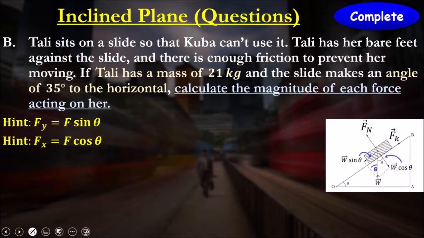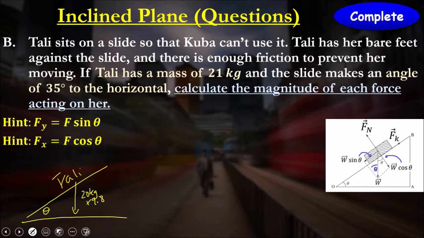Okay, so let's draw that out again. We have Tali here going down 21 kgs times 9.8, and then we have an angle. So firstly, there's three types of forces. The first one is gravitational.